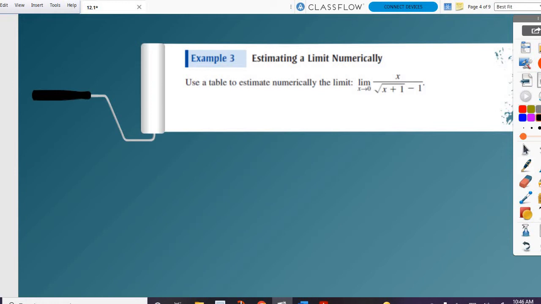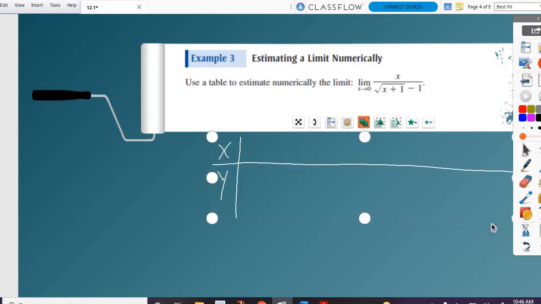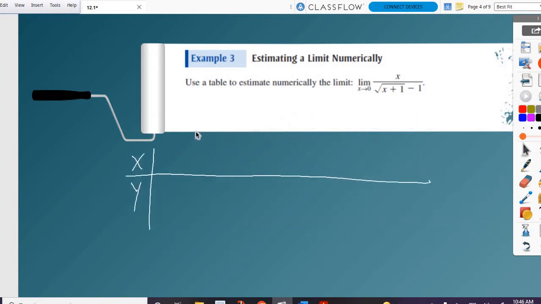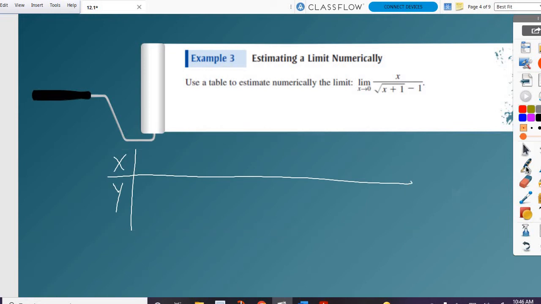Which is why they tell us this time, instead of just plugging it in, we're going to look at a table and estimate. Now, what type of values do we want to plug in?